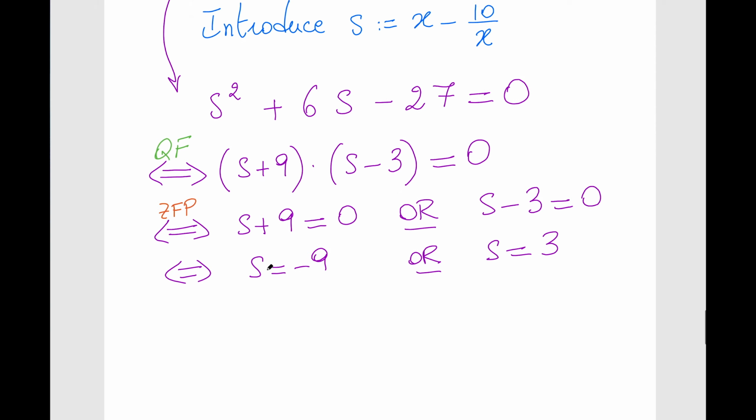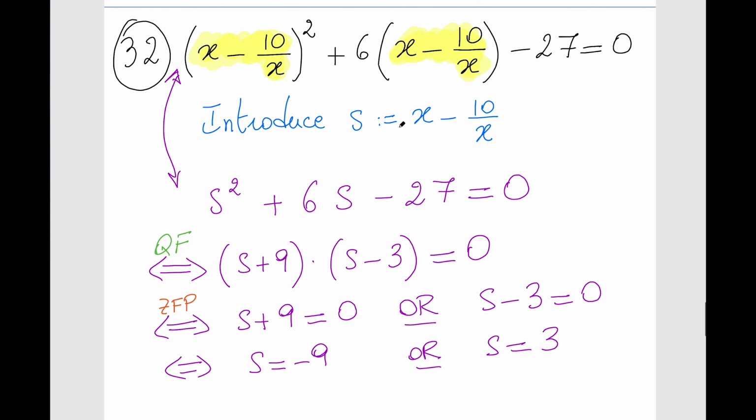All right. But what's s? s is x minus 10 over x. I want to carry information from the s environment to the x environment, and this is the relationship.